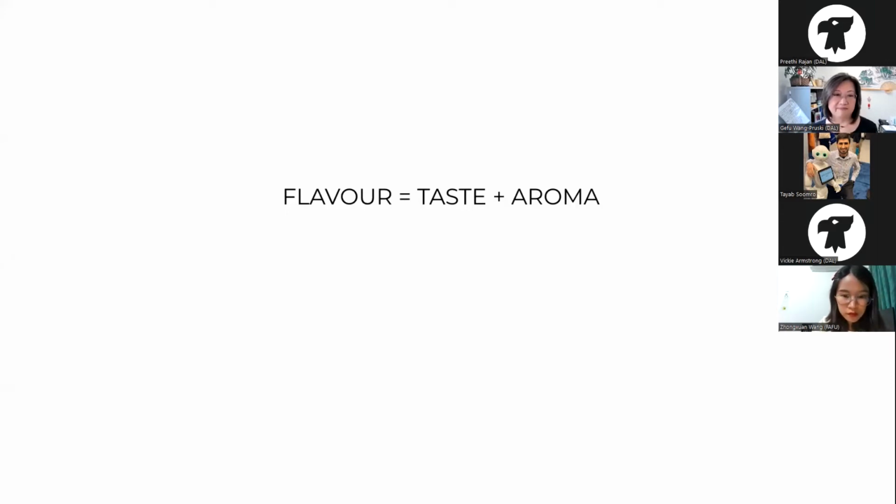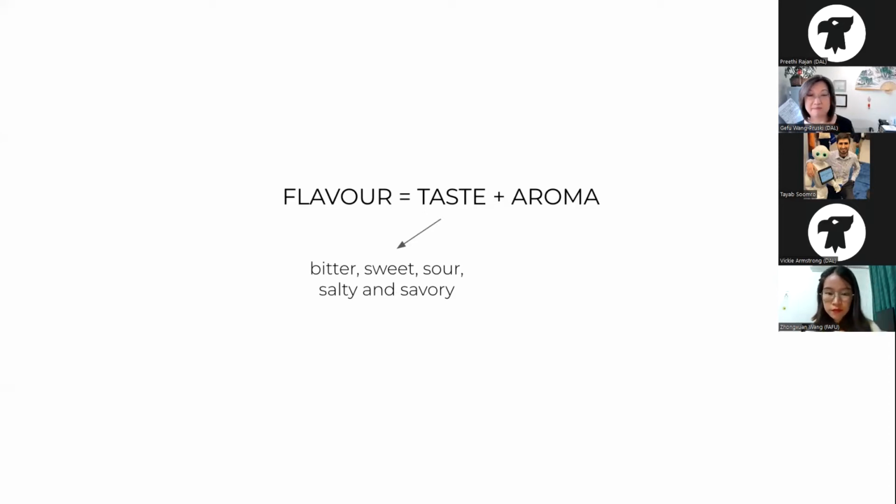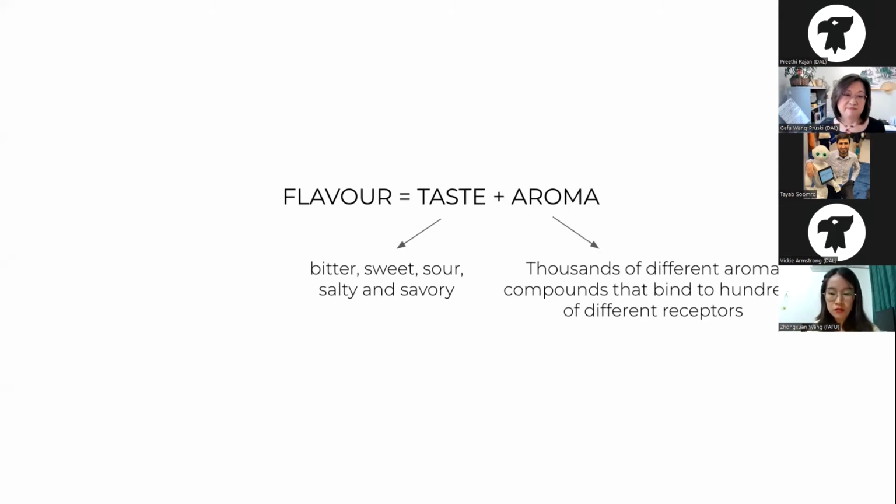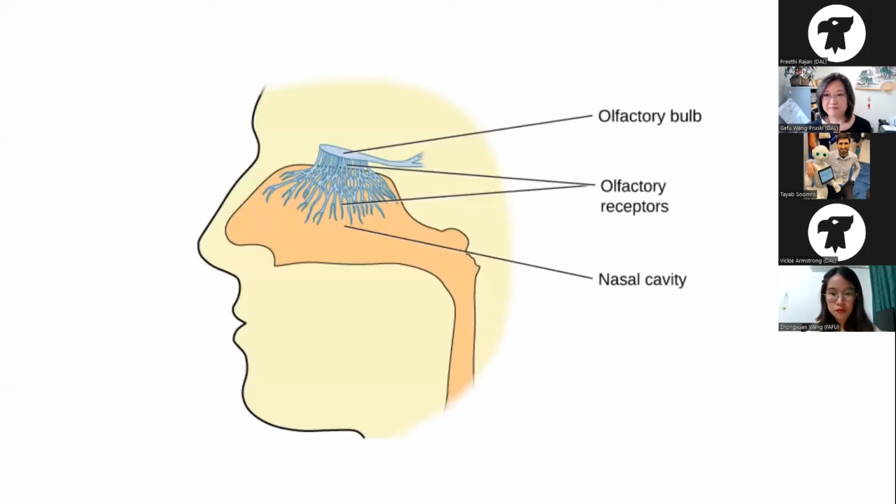So as a consumer, when you bite into your favorite apple variety, a major determinant of how much you like the apple comes from its taste and aroma. While taste is largely determined by sugars and acids that constitute the 5 basic taste types, like bitter, sweet, sour, salty, savory, the aroma is a complex trait that is determined by various volatile organic compounds that differ between different apple cultivars.